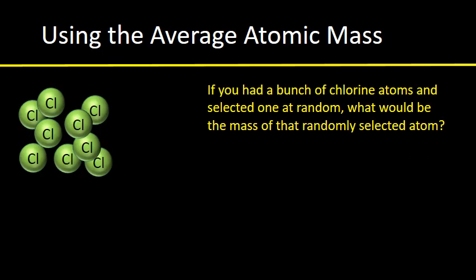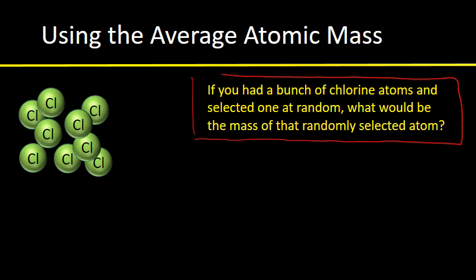All right, so how is using the average atomic mass useful? Let's look at two different questions related to these chlorine atoms, and I'll draw a distinction between the two of them. Let's assume we've got a bunch of chlorine atoms, chosen completely at random, and we want to select one of them and say what the mass of that atom is going to be.